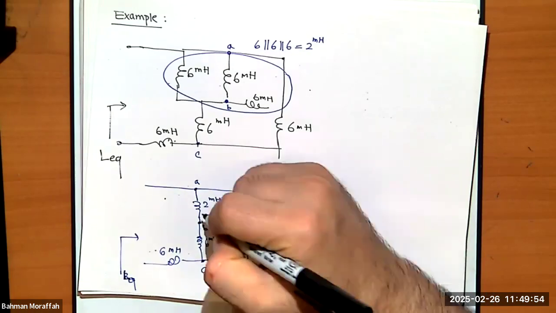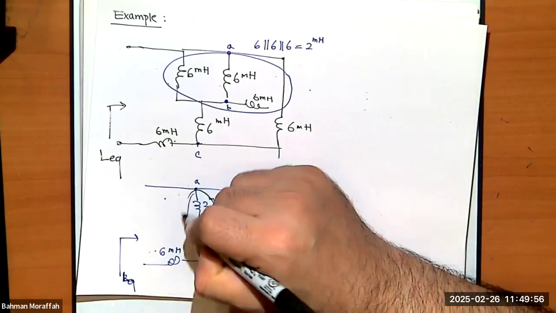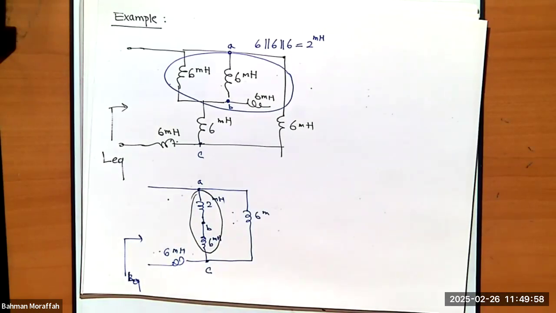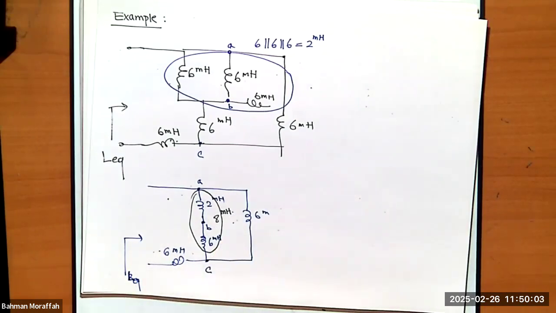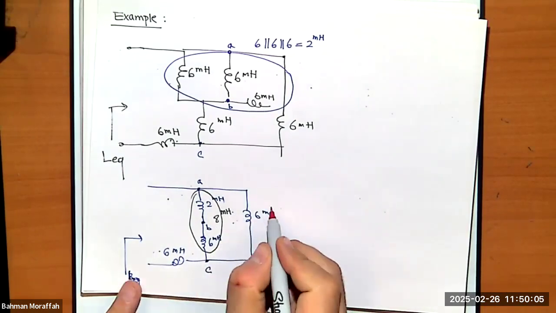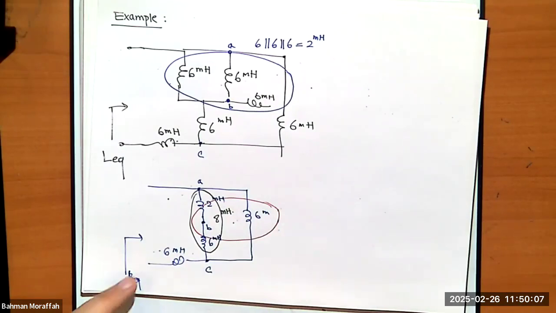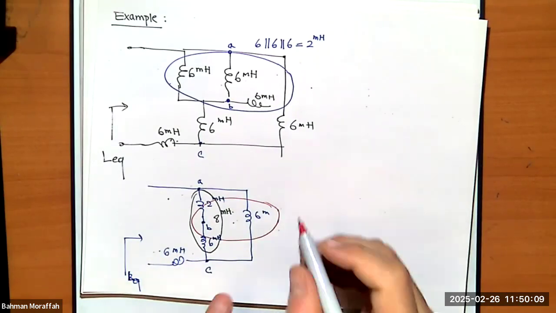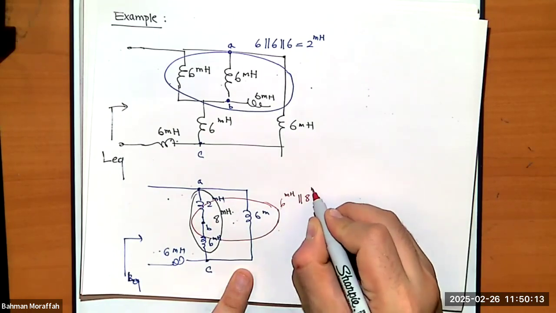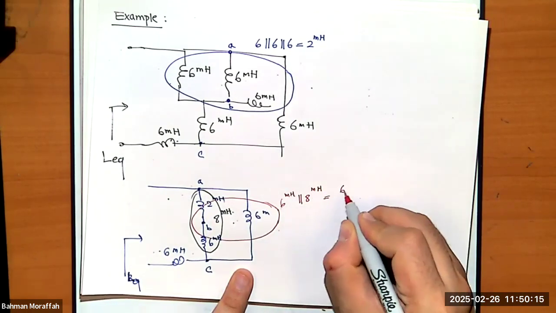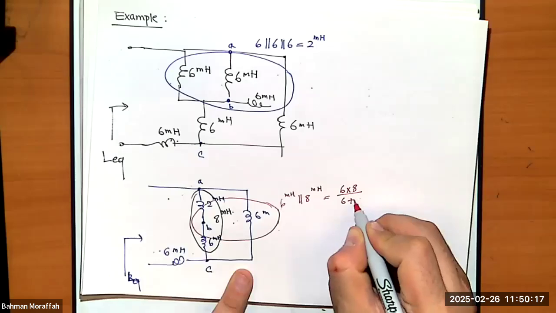Do you agree these two are in series? So it's 8 millihenry. How about these two? They're in parallel. So I have 6 millihenry in parallel with 8 millihenry, which is 6 times 8 divided by 6 plus 8.